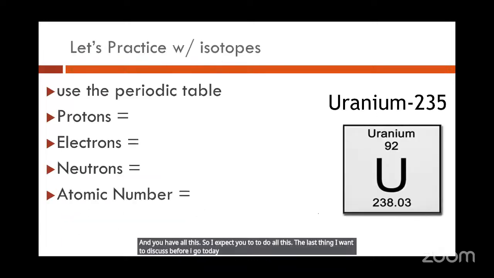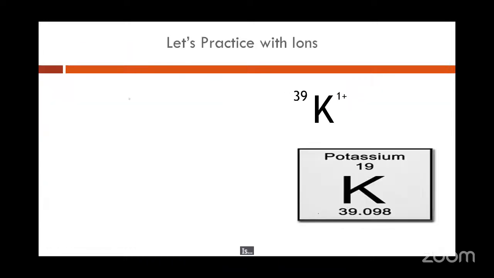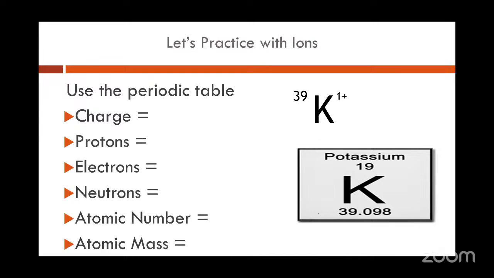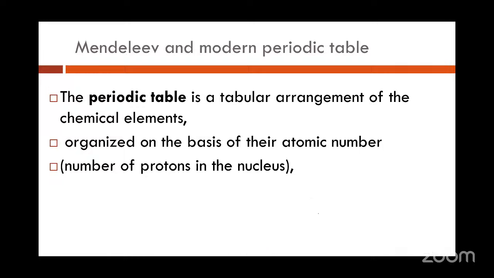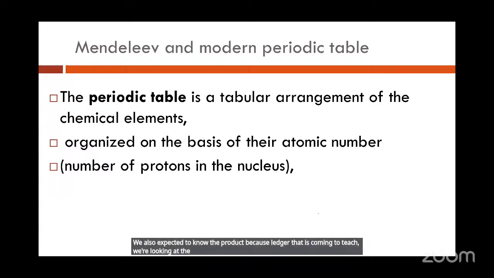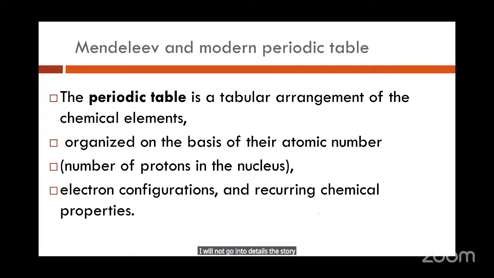The last thing I want to discuss before I go today, I have close to 5 to 10 minutes, is the periodic table. We're also expected to know the periodic table, because the lecturer that is coming to teach will be looking at the trend. I will not go into details of the history behind the periodic table, what Mendeleev did.